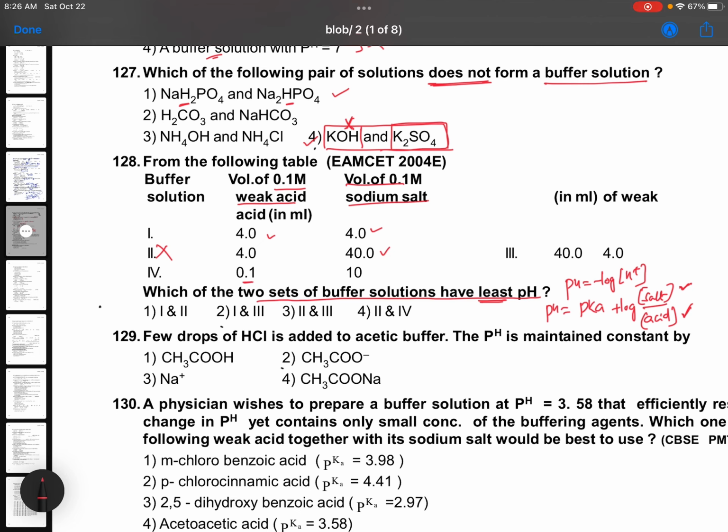Here 0.1 and 10, and this is the fourth option. Again this is more, so we cannot use this one. Here this is more. This is acid, this is salt. When acid concentration is more and salt concentration is less, your choice works out. Least pH: 1 and 3.